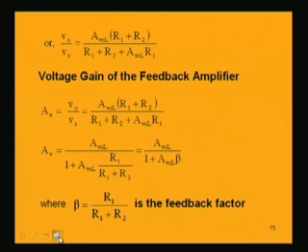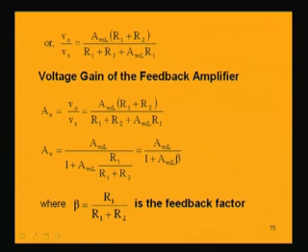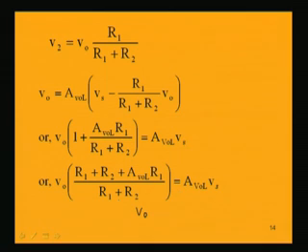So, now what will be V0 by Vs, because that gives us the overall gain AV. If we take the ratio between V0 and Vs, it will be AVOL divided by this whole quantity. So, that is equal to AVOL into R1 plus R2 by R1 plus R2 plus AVOL into R1.